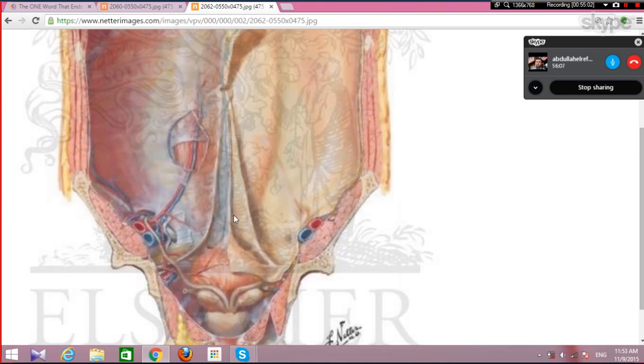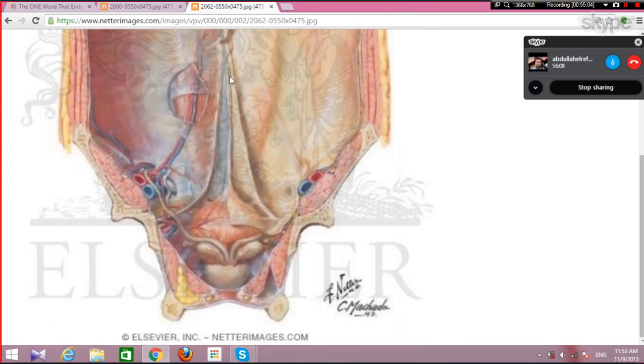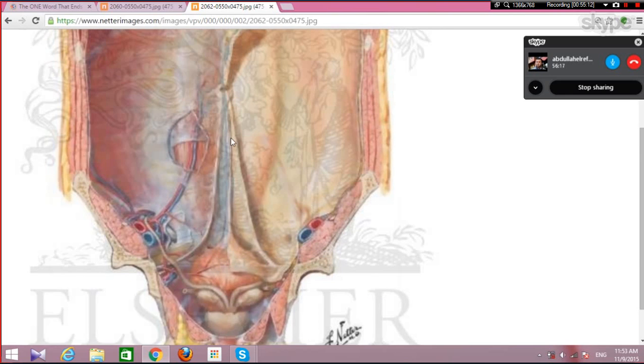The median umbilical fold is an elevation of peritoneum in the midline. And under this fold, there is a ligament. It's called the median umbilical ligament. So you have a ligament which is covered by parietal peritoneum. That's why you have this elevation. But what is this ligament?